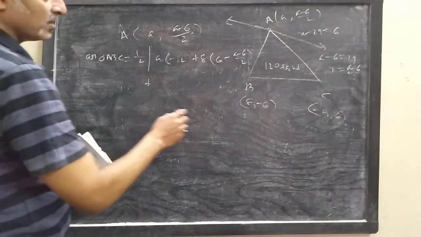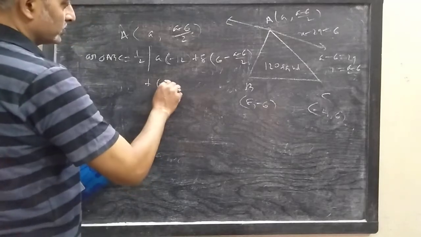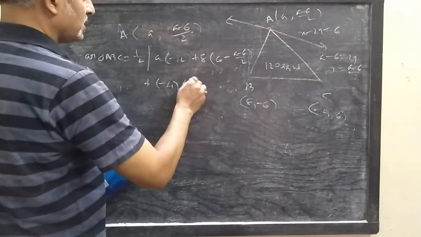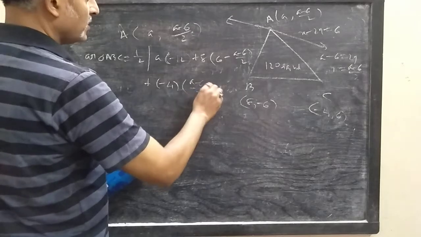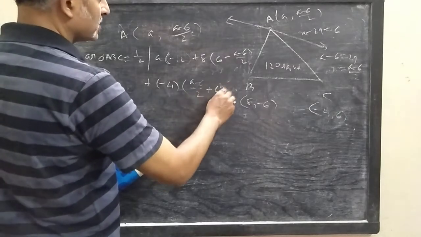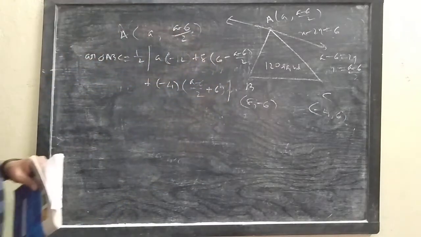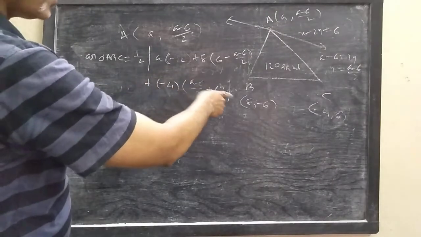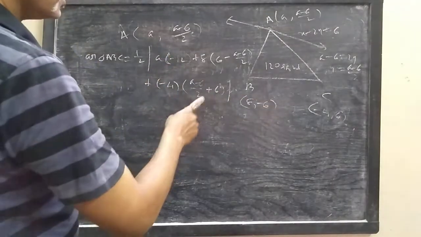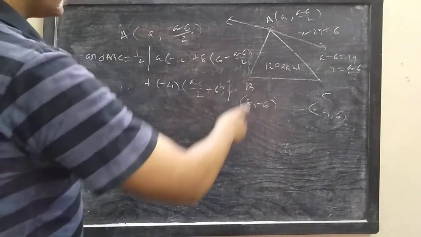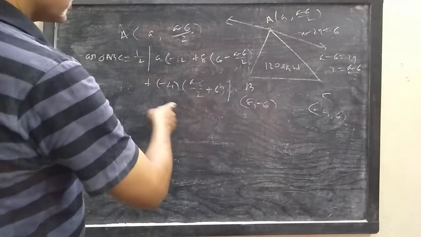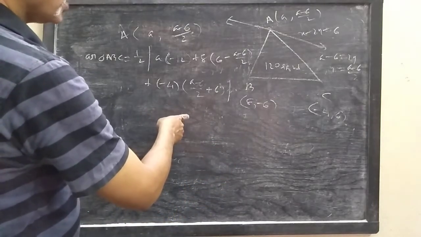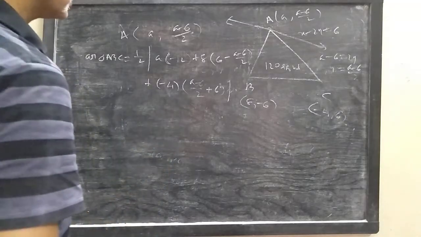Plus x3 into y1 minus y2, x3 is minus 4, y1 is (a minus 6) by 2 minus y2, that is plus 6. Check again: x1 into y2 minus y3, x2 into y3 minus y1, x3 into y1 minus y2, right?